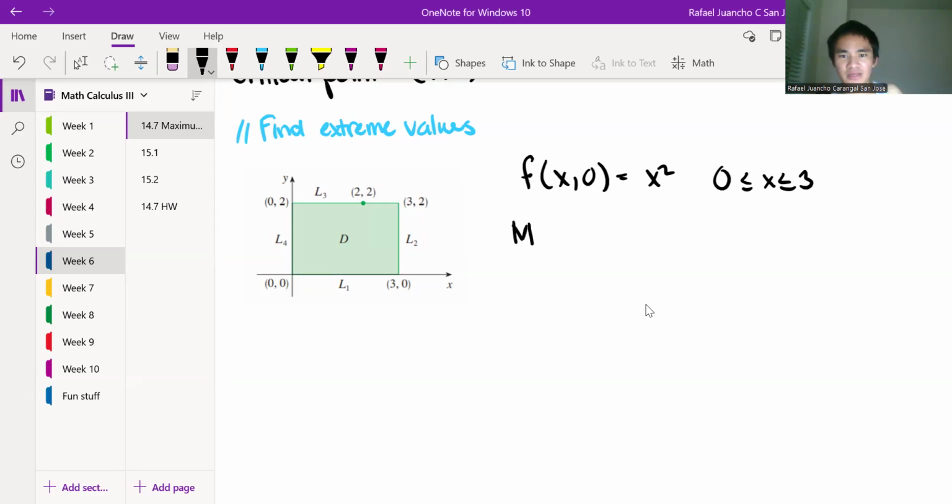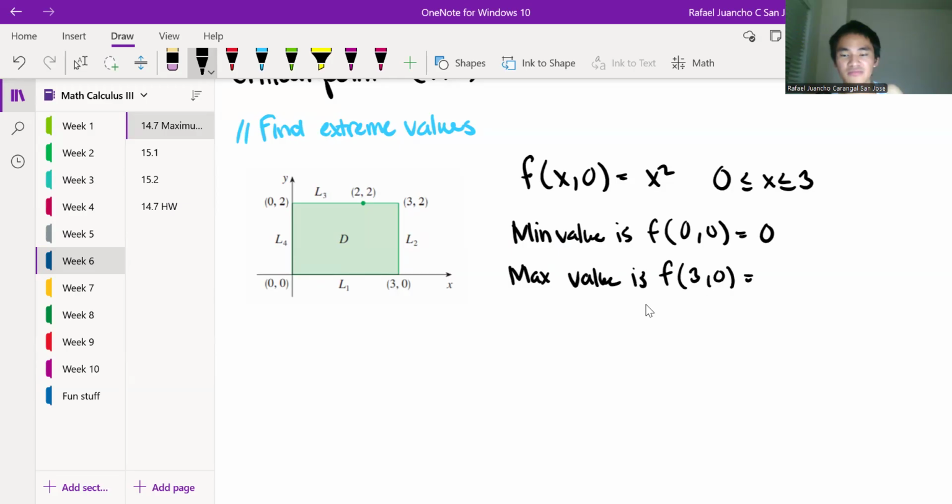So the minimum value is f of 0, 0, which is just 0. The maximum value is when my x is 3. Now it's 9. And then from there, on L2, we have x equals 3.